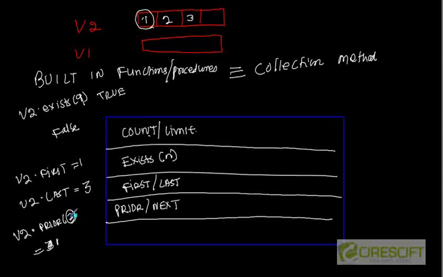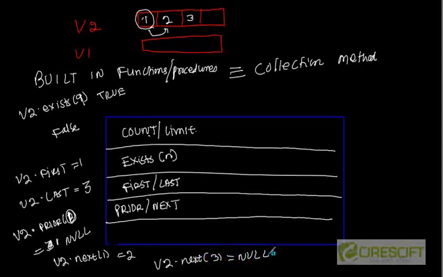Whereas if I do v2 dot prior 1, it will give me null, because before 1 there is nothing. Similarly, v2 dot next 1 will give me 2, because the next index is 2, and v2 dot next 3 will give me null, because there is nothing after 3.